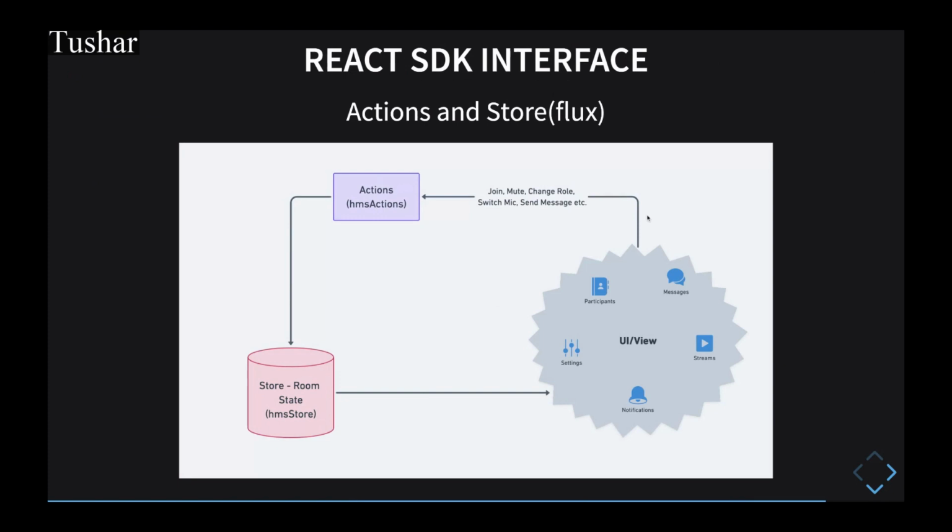So let's just see this diagram and I'll try to explain with the help of this particular diagram how things work. So we have two primary components. One is actions and the other is store. You can imagine a store as being a client-side database. At any given point, it stores everything there is to know about a room, everything your UI might need to display something about the room.